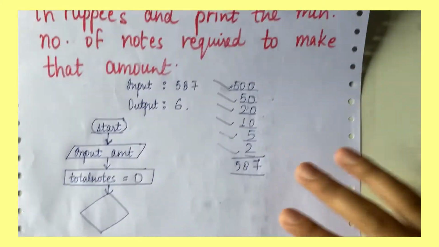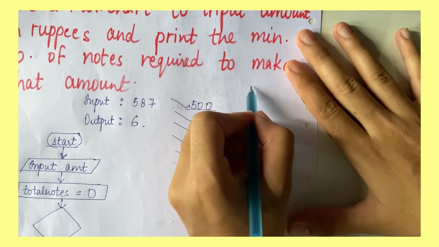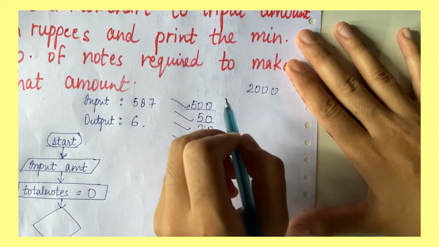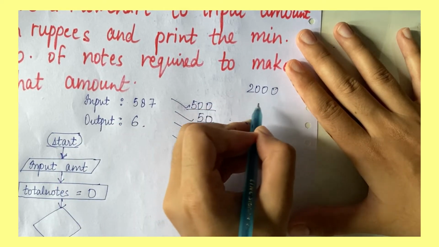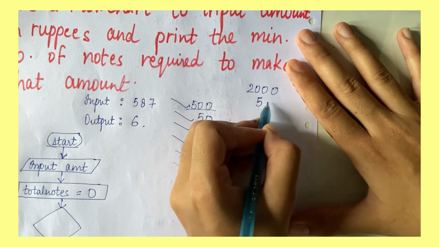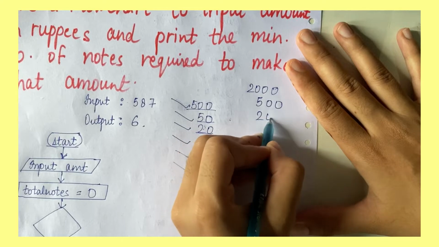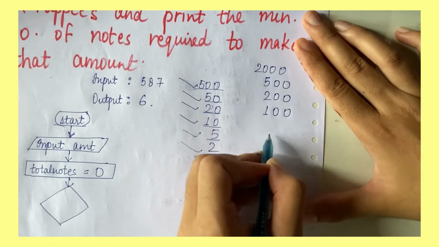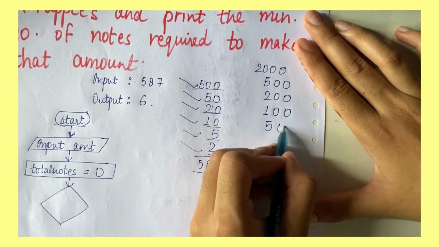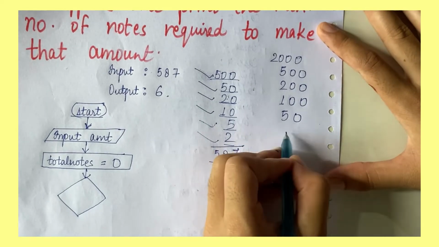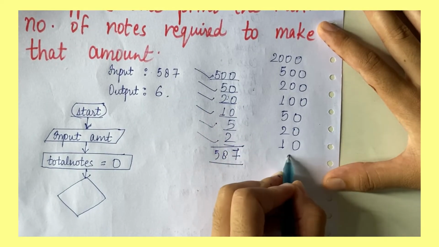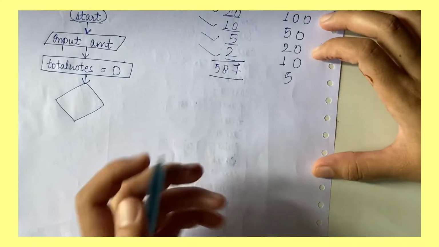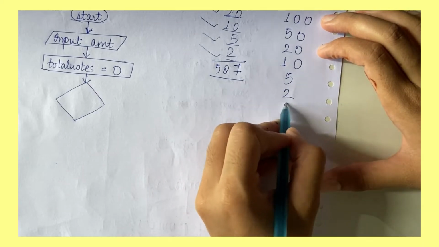So what all notes do we have? In our currency we have a 2000 rupee note, right? Then we have a 500 rupee note, then a 200 rupee note, a 100 rupee note, a 50 rupee note, a 20, a 10, then a 5 rupee coin, then a 2 rupee coin, and then a 1 rupee coin.